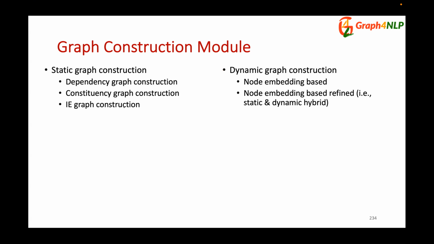As for dynamic graph construction, there are 2 APIs. One is for node embedding based dynamic graph construction, and the other is for node embedding based refined graph construction. The first one utilizes the node embedding based graph similarity metric learning function we previously introduced. The second one tries to combine the benefits of both static and dynamic graphs.